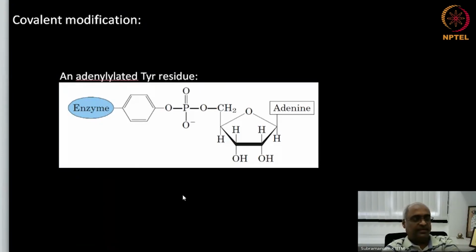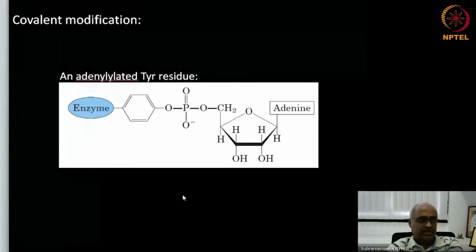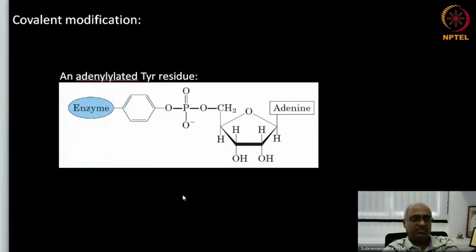So transcriptional activation of glutamine synthetase means you will produce more of the glutamine synthetase mRNA and more of the glutamine synthetase. Transcriptional inactivation means the opposite. So you have three levels of regulation of the glutamine synthetase. It's primarily because this is a very crucial central enzyme in nitrogen metabolism.